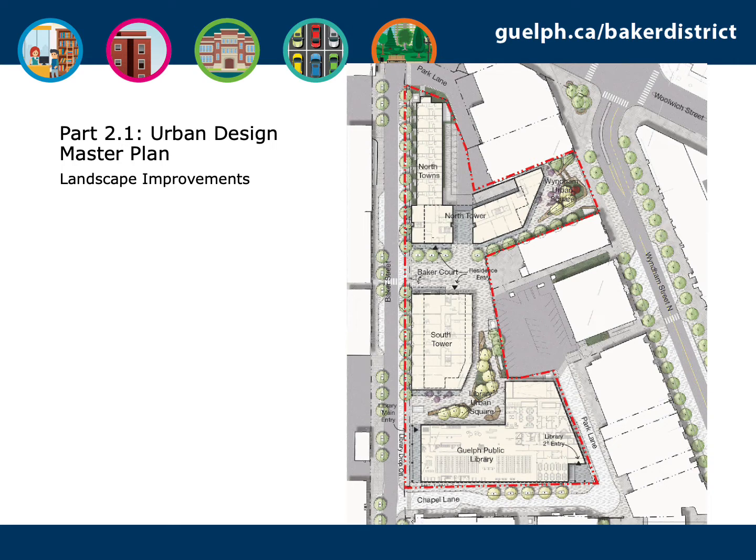Chapel Lane is also transformed concurrent with the Baker District redevelopment into a flexible street, providing vehicular access to the underground ramp, the Baker District's public underground parking structure located beneath the library. Wyndham Street North is also anticipated to be improved as per the Downtown Streetscape Manual to include a narrowing of asphalt width, a reconfiguration of on-street parking, improved plantings, and the like.